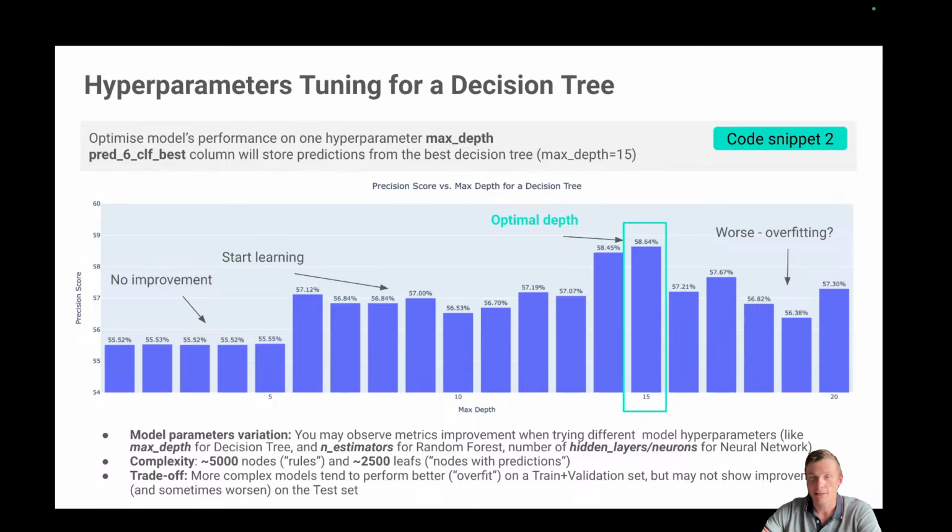But there is a caveat: you can find a model of depth like 20 or 25 that will cover all potential options that happened in the past on the train dataset. But when you try the same very complex model on the test set, it may perform worse because it is overfitting.